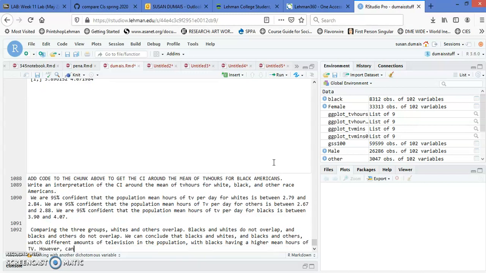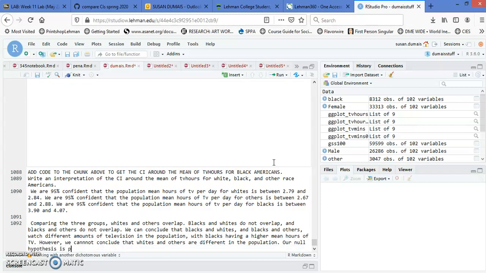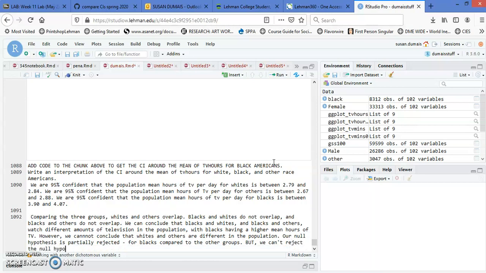However, we cannot conclude that whites and others are different in the population. Our null hypothesis is partially rejected for Blacks compared to the other groups, but we can't reject the null hypothesis when comparing whites and others.